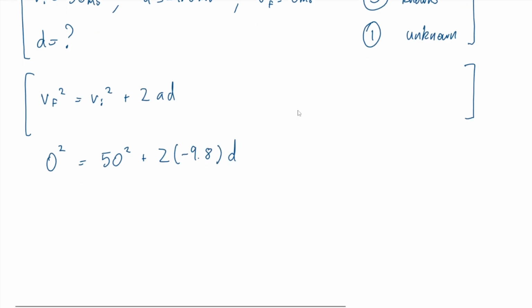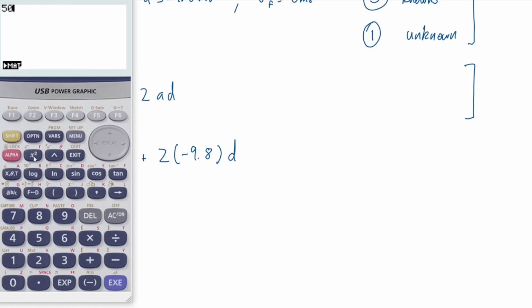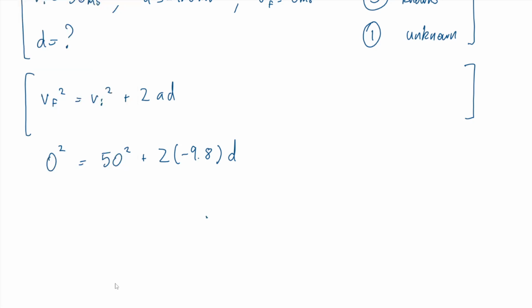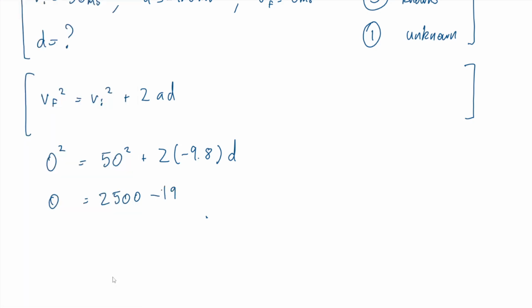Right, so let's work this out. Menu, run math. So 50 squared, 2500. 0 squared, 0. 2 times negative 9.8, negative 19.6, D. I will then add 19.6D on both sides.